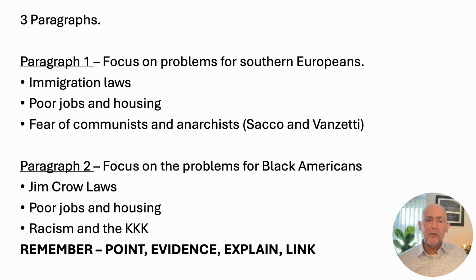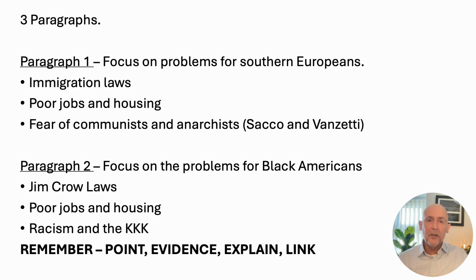Then we move on to paragraph 2, and we're focusing on the problems of Black Americans. Straight away, you should know that you'll be writing about Jim Crow laws, this idea of separate but equal. Clearly, it doesn't give equality to Black Americans. So we see separate schools, separate cafes and restrooms, and unequal voting rights. There are lots of examples you should be drawing on there.